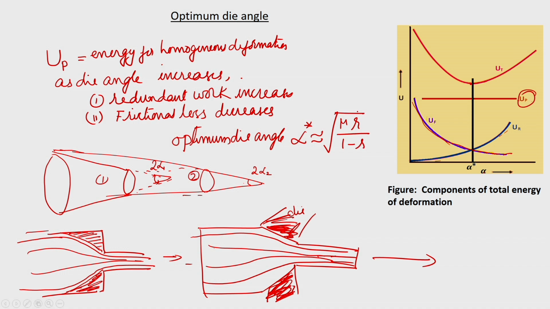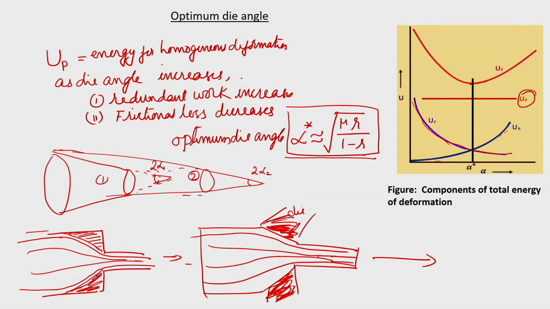This is a very useful relationship for a first-hand approximate estimate of the drawing stress. The only thing is that for a very large value of alpha there may be some inaccuracy, or the accuracy may get reduced. Alpha star does not depend on the precise work hardening behavior of the material or on the type of the material.